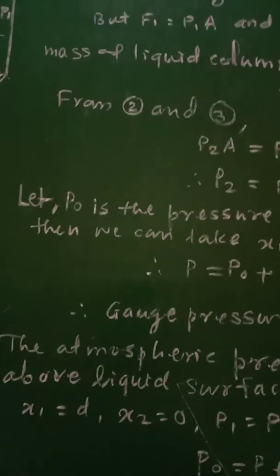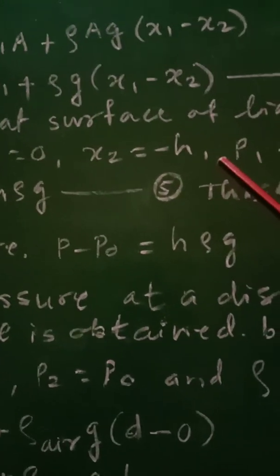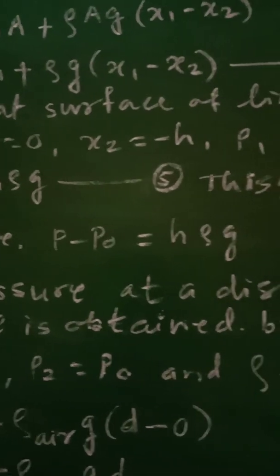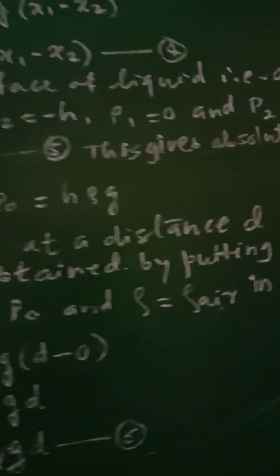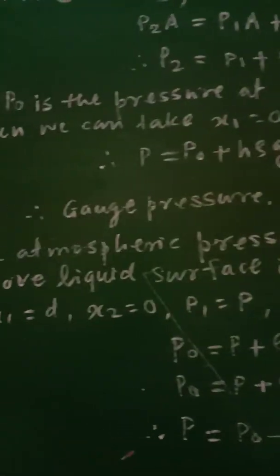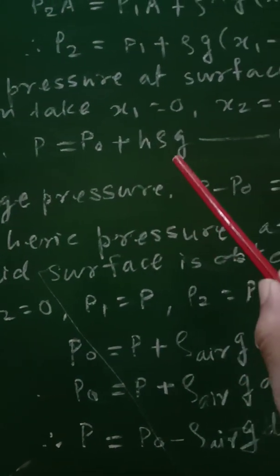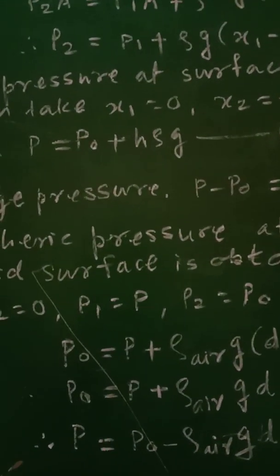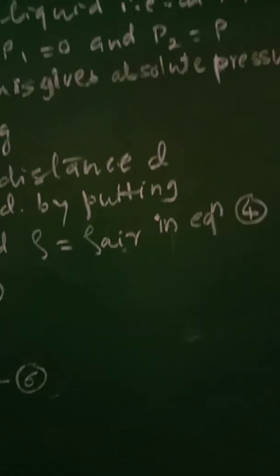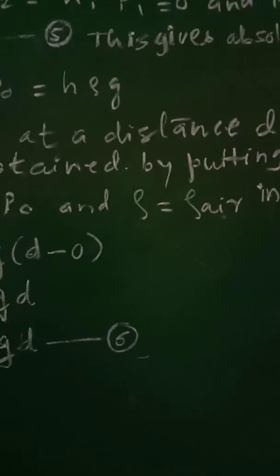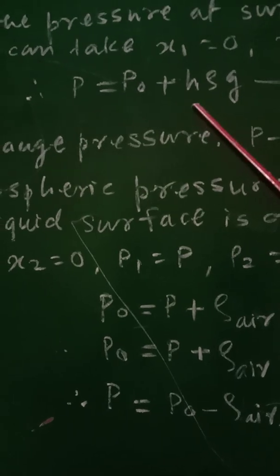Then we can take the substitutions x1 equal to 0, x2 equal to minus h, as that height is measured in the downward direction, then P1 equal to P0 and P2 is equal to P. Now if these values are put in the above equation, then we will get P equal to P0 plus h rho g, equation number 5. This equation gives the absolute pressure, that is P equal to P0 plus h rho g.